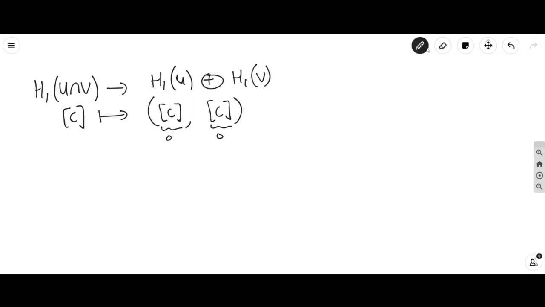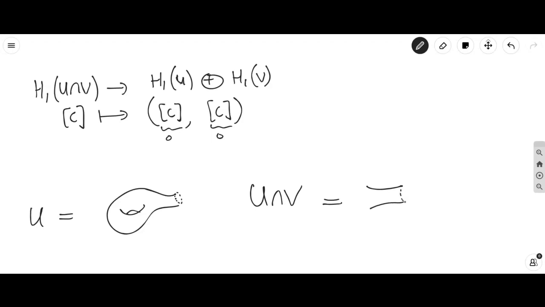So let's draw the picture of U again. U looks like this. What is U intersect V? U intersect V is that collar that we're getting. So basically this collar, you can see it right over here. That's the collar.